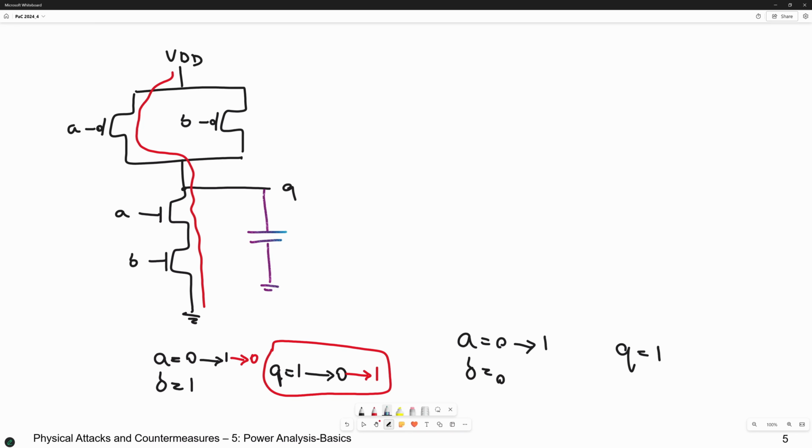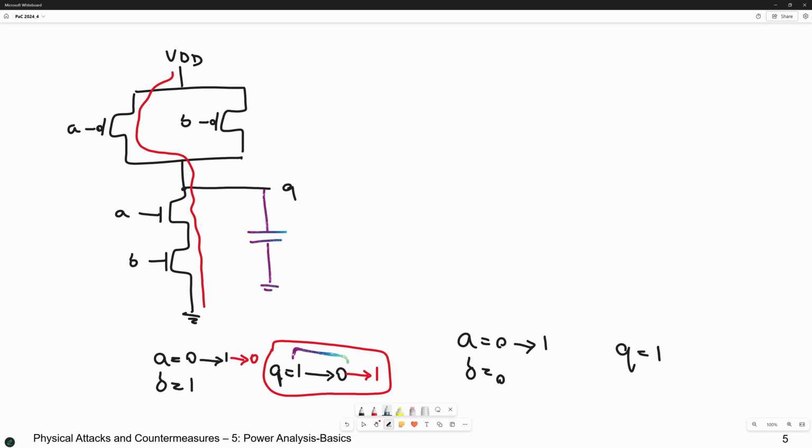In the semiconductor, when you build the gates, some form of capacitors are built. And then when Q changes from 1 to 0, during this time, the Q was 1, meaning that this capacitor was fully charged. It should be discharged. What does it mean?